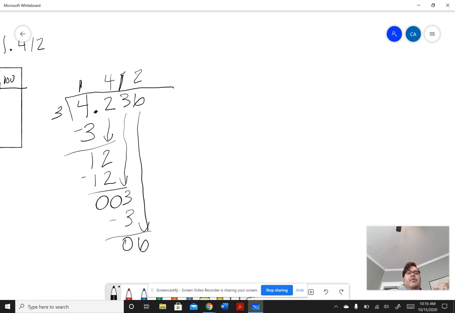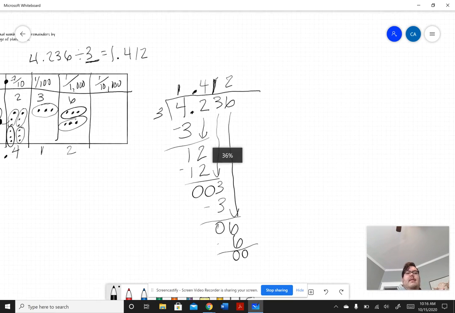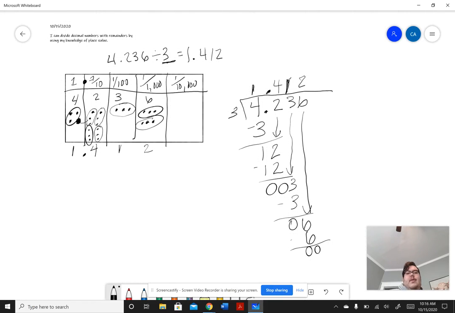I can pull 2 groups of 3 out of 6. That equals 6, and I get 0. I have no more numbers to pull down. So my final quotient is 1 and 412 thousandths, which is the same answer that we got over here. Friends, we're doing the same thing when we're using place value and when we're using the standard algorithm.